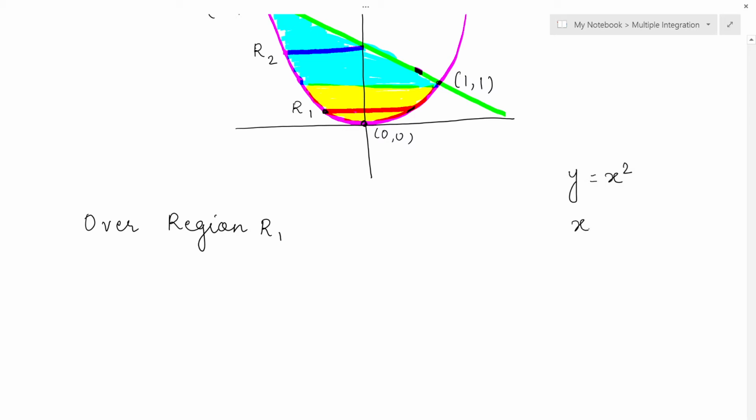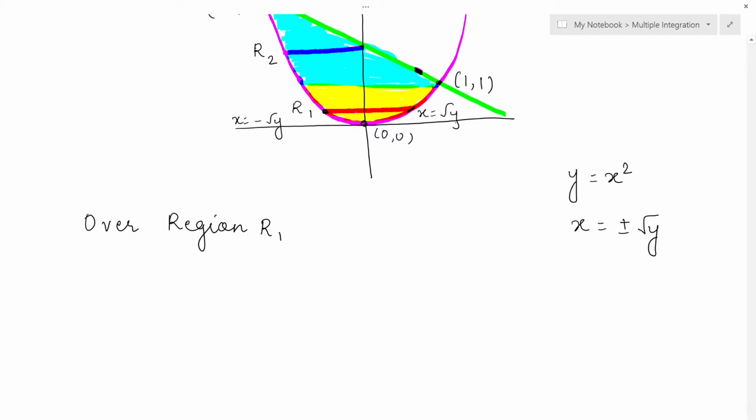So the value for x will be plus minus under root of y. So here it will be minus under root of y. And here it will be plus under root of y. Okay. So points on the parabola for which x varies are from minus under root y to plus under root y.